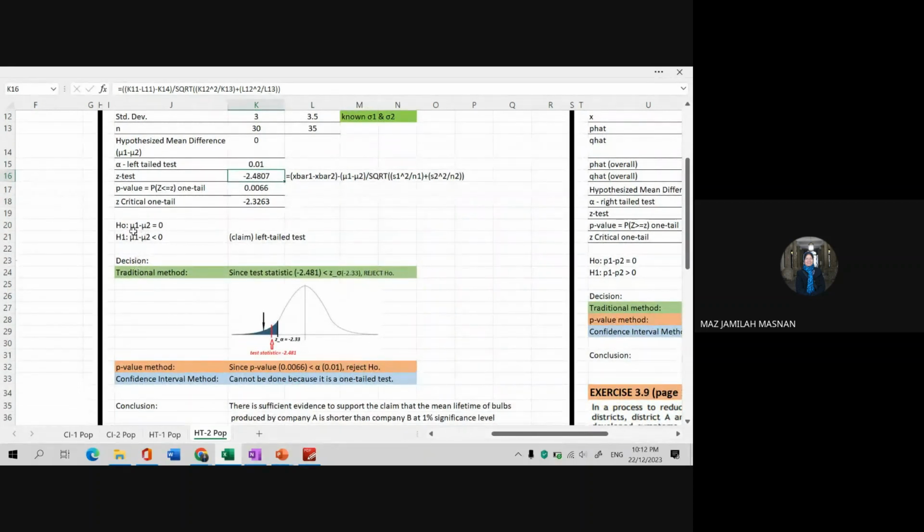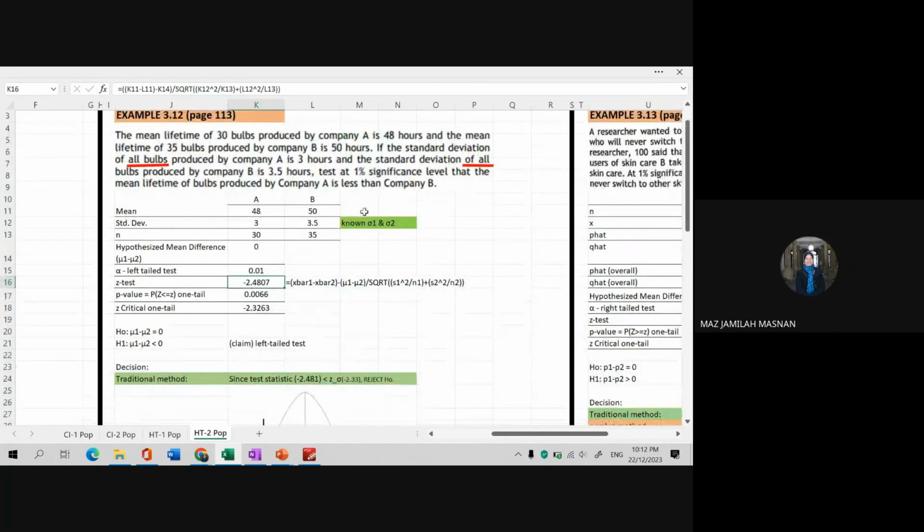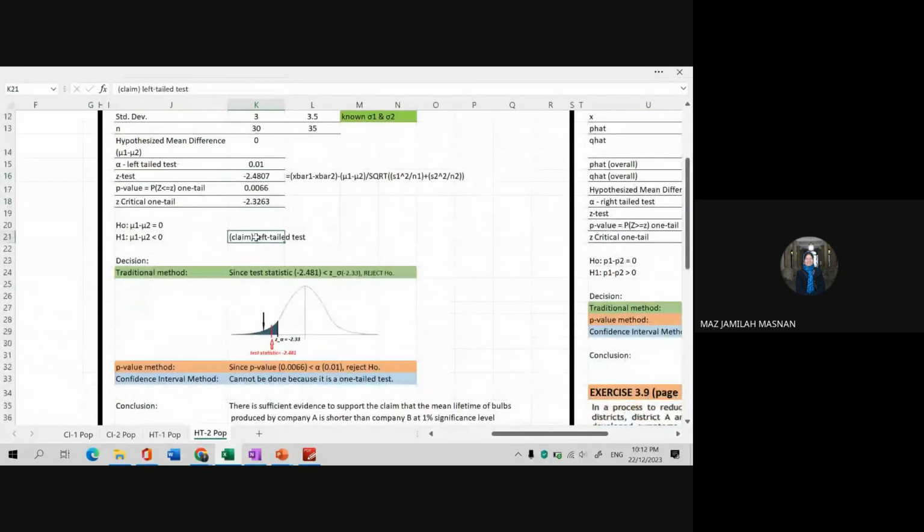Okay, so you should begin with the statement of your null and alternative and jot down which one is the claim. Since this is the last sentence that you need to test, this will be the claim. If you use your traditional method, you can see that the test statistic is inside the rejection region.